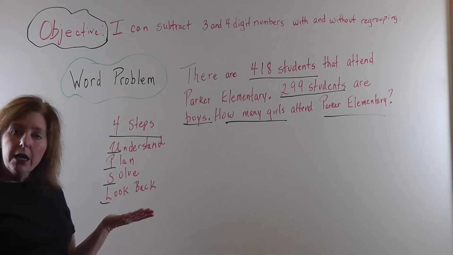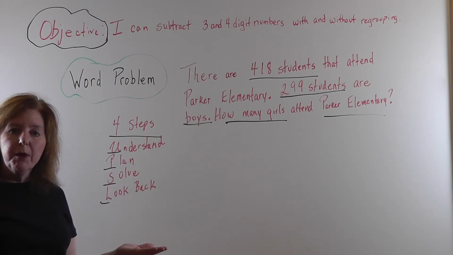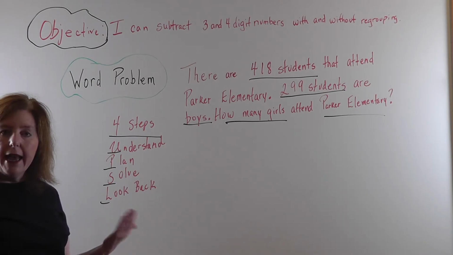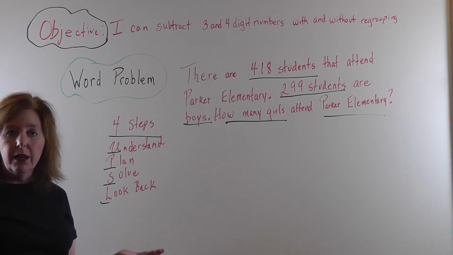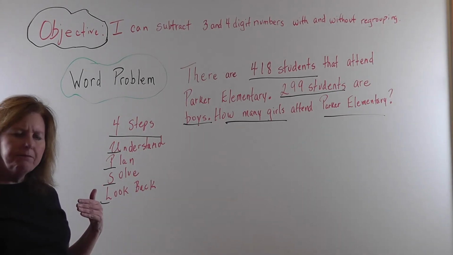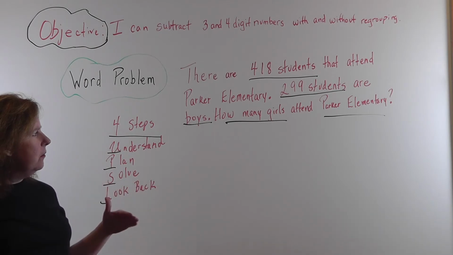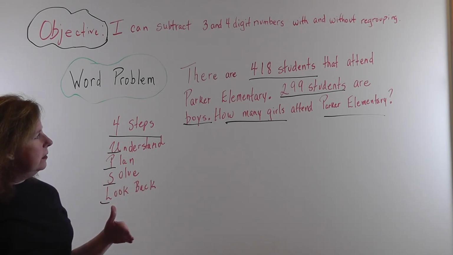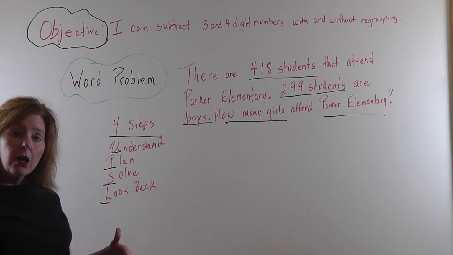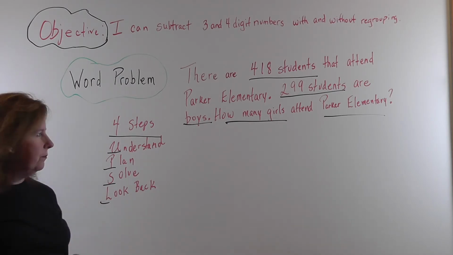Now I have to figure out what operation I am going to use to solve this problem. Am I going to add, subtract, multiply, divide? So I think to myself, well, if there's a total of 418 students, there's 299 students that are boys, I have to figure out how many girls there are. So I'm going to subtract.